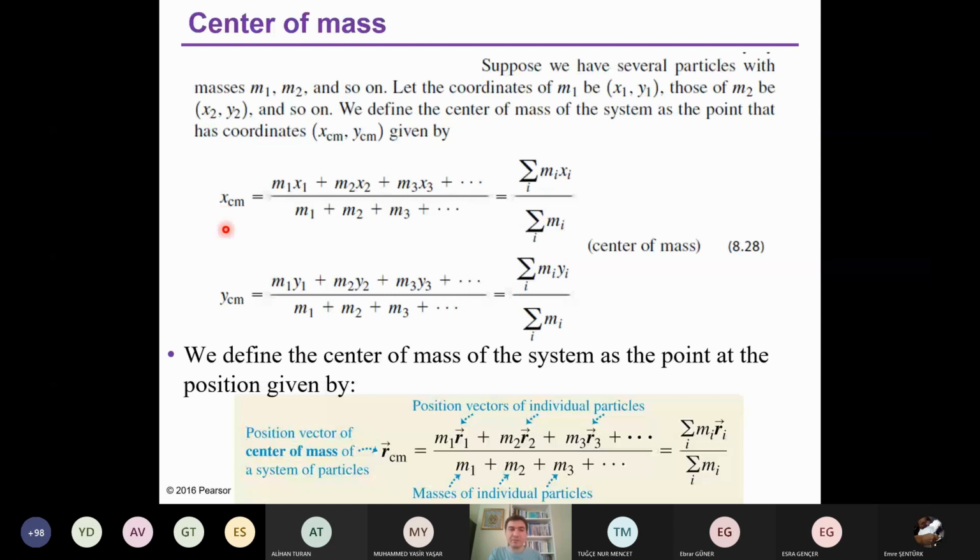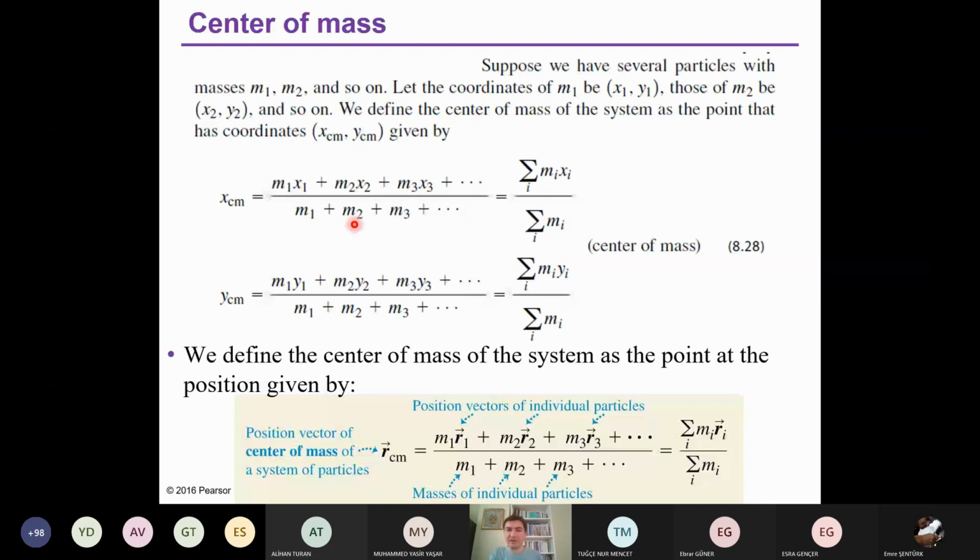Here we have mass 1 times the position of mass 1, plus mass 2 times the position of mass 2, plus m3 times the x position of mass 3, divided by the mass of the system, m1 plus m2 plus m3.